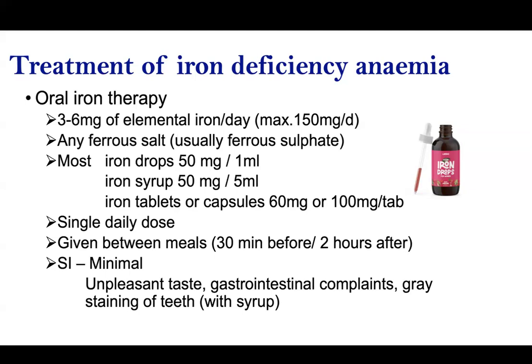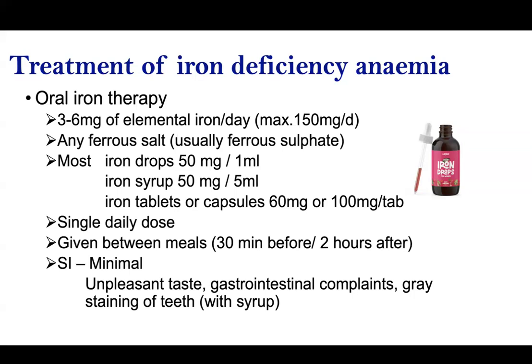The dose is 3 to 6 milligrams of elemental iron per day. Earlier, the recommendation was to give 2 to 3 divided doses, but now the recommendation is to give a single daily dose. People are also trying out whether giving it every other day is going to be the most useful, but the current recommendation is a single daily dose before meals.